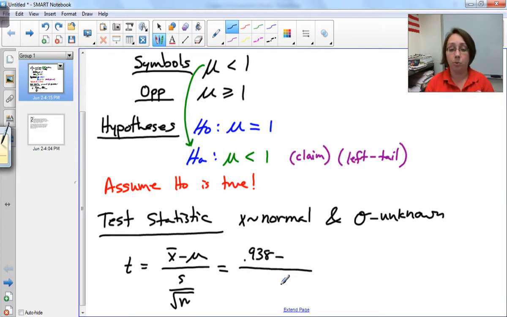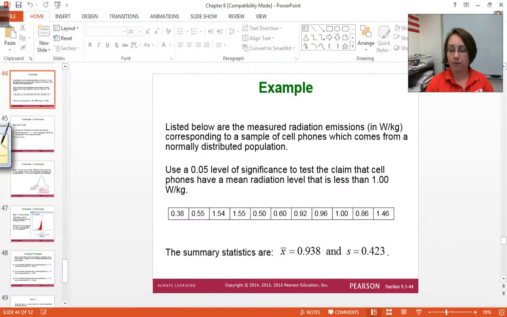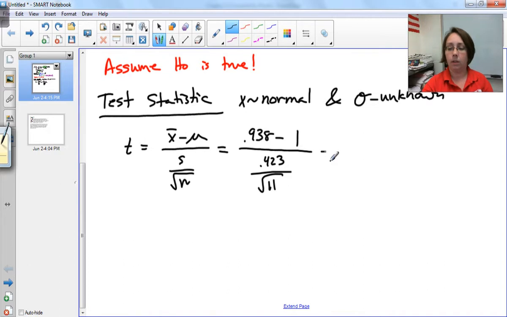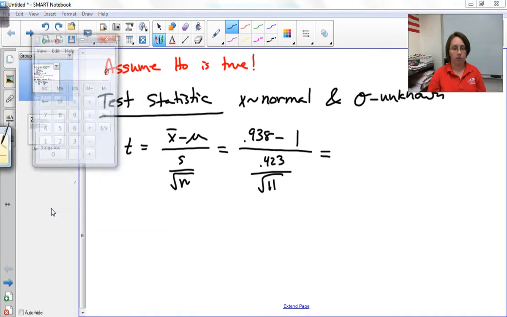We assumed the null hypothesis was true, and the null hypothesis says mu equals 1. So I plug in 1 for mu, and you go back and get my s, 0.423, divided by the square root of n, which was 11. So we plug all this lovely stuff in our calculator, which I need to bring up here.